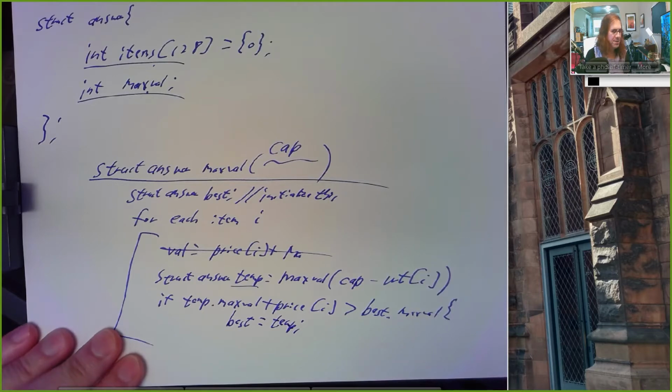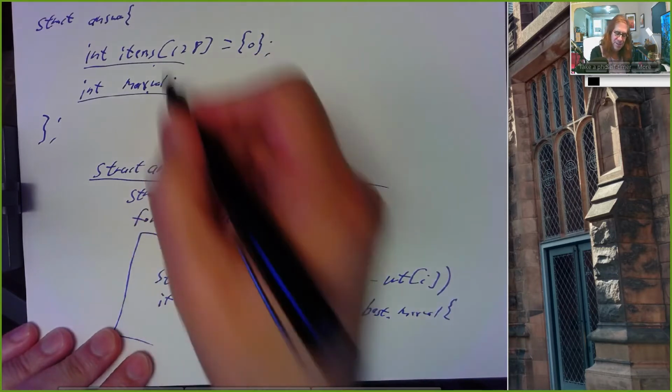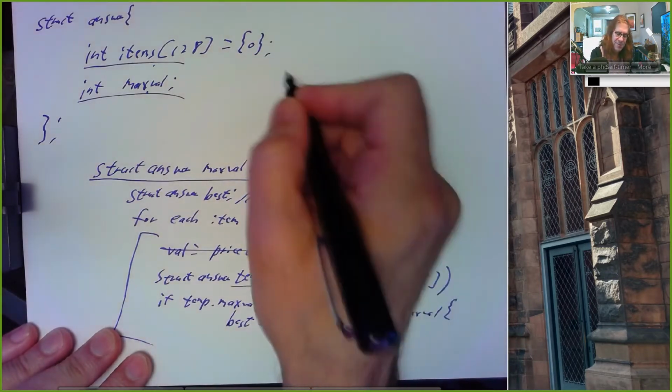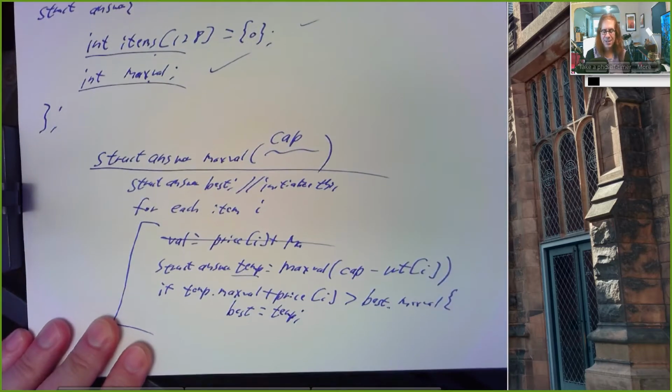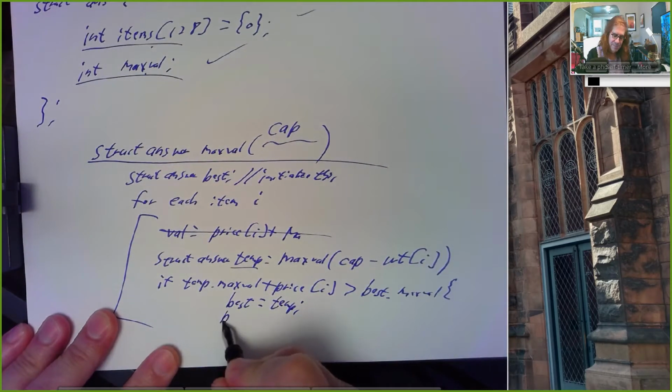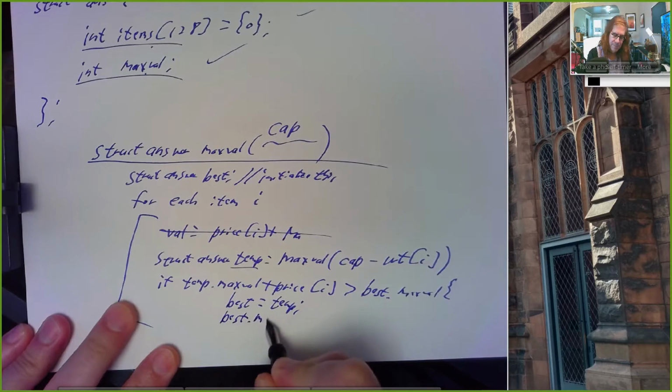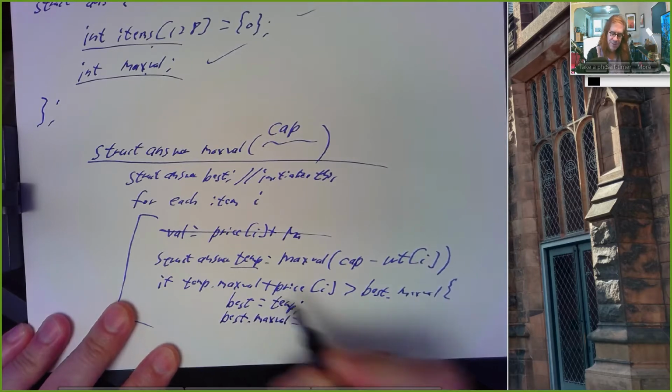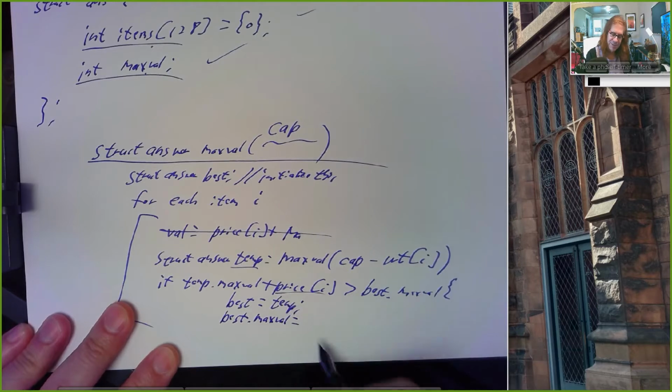which will copy the information that you got back from maxval, which was an inventory, and the actual maxval. And then increment the maxval by the price of your item.